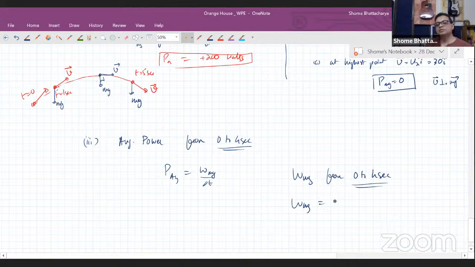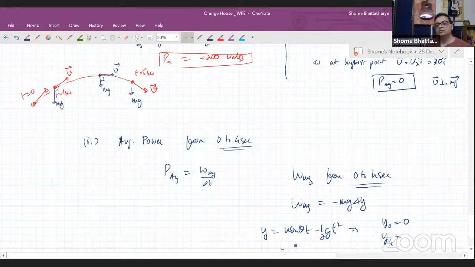So work done by mg, remember, is minus mg delta y. So we have to find the y coordinate of the projectile. Now the y coordinate of the projectile is u sine theta t minus half g t square. So you can see that y at 0 was 0, whereas y coordinate at 4 seconds will become like this.